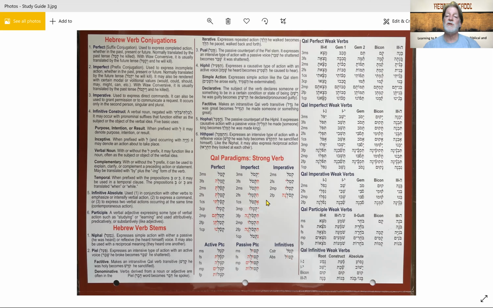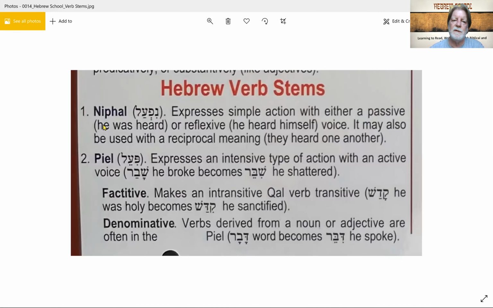I think the best way to learn what these different verb stems mean is to recognize them in the text of Scripture and let the context teach you about all the different implications of the different forms of the Hebrew verbs. So let me go ahead and pull up the larger edition of what we'll be looking at tonight.